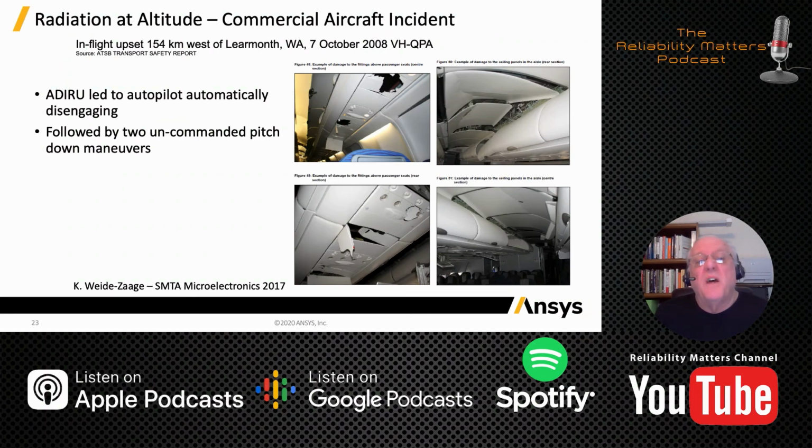So there was an upset, not terribly dissimilar to the one that I talked about earlier with the power cycling. In this case, the upset led to the autopilots disengaging, followed by two uncommanded pitch down maneuvers that were very violent. So it knocked the passengers around. You can see holes there in the overhead structures with panels popping out and that kind of thing.